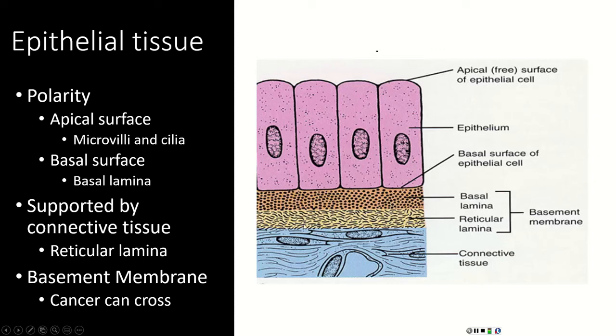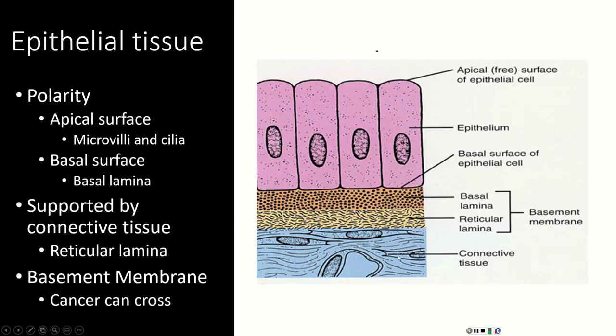Now if we look at the yellow and blue area of this drawing, this is going to be connective tissue. Almost always, epithelial tissue will have connective tissue just deep to it. And almost always, that connective tissue is areolar connective tissue.